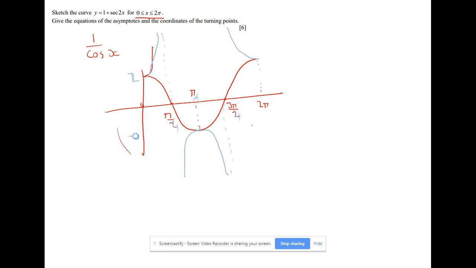And we'd also get 2 pi over 2, which just gets us pi. So I'll just take that bit out, because if we divide it by 2 we get pi.